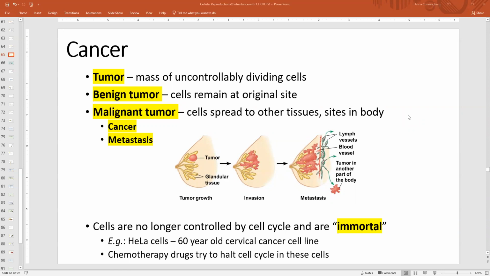Chemotherapy drugs are designed to hopefully stop the cell cycle from progressing. What chemotherapy drugs do is they try to take these cells that are replicating or dividing out of control, and they try to stop that process.